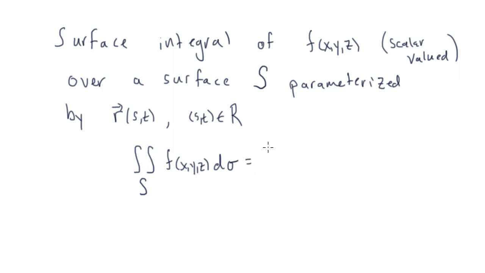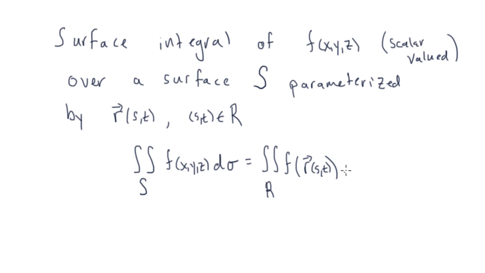And since we have the parameterization, we can write it as a double integral that we actually know how to evaluate. So it's just going to be f of, now I'm going to plug in, of course, the parameterization. So again, that means for x, y, and z in my function, I'm going to plug in x of s,t, y of s,t, z of s,t.